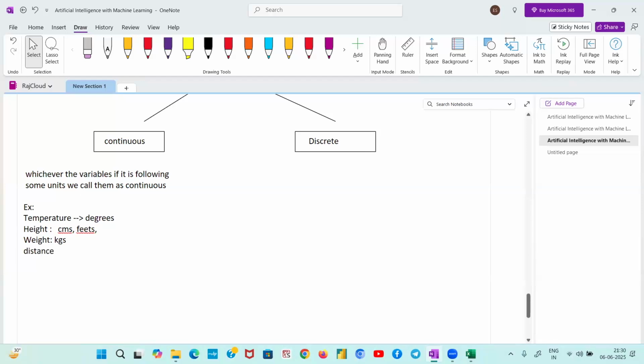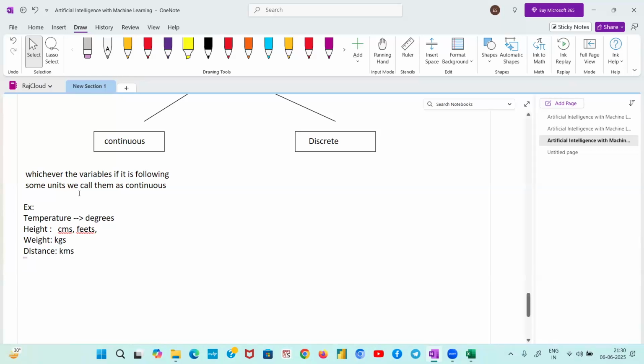Distance: how many kilometers do you travel every day, 3 kilometers or 10 kilometers. So you always express this answer in kilometers.